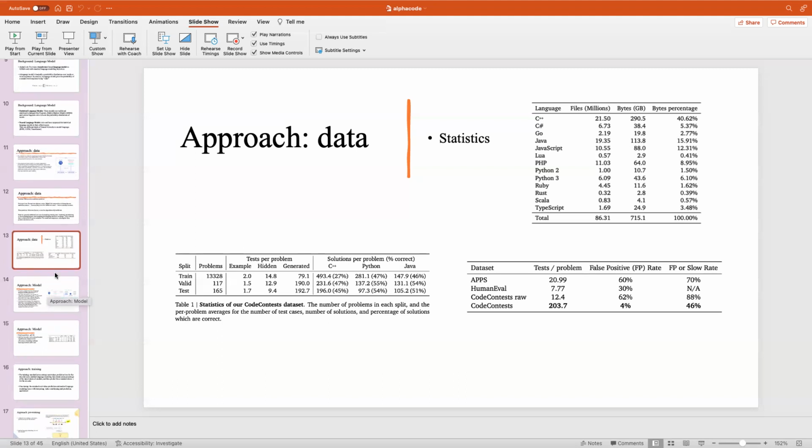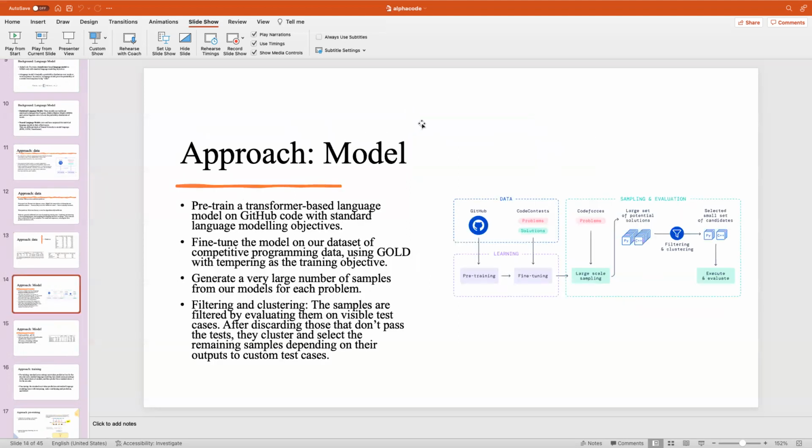After collecting and cleaning the data, we'll talk about the specific model of AlphaCode. Here's the overall structure of the model. It's first pre-trained as a transformer-based language model on GitHub code with the standard language modeling objectives.